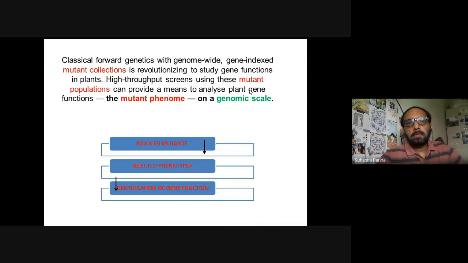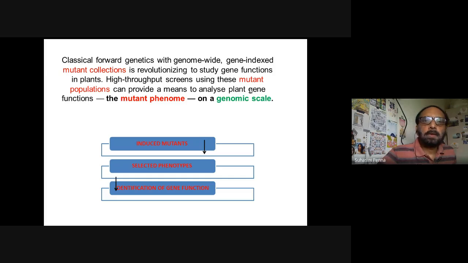So when we isolated mutants, as I told you, there are two options for anybody. One is to put them in the field and into a variety development mode, which we are doing in collaboration with our collaborators.